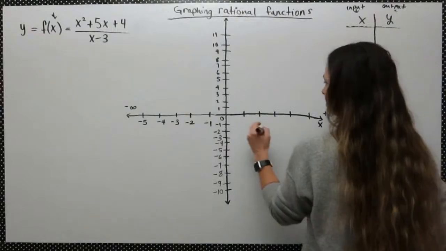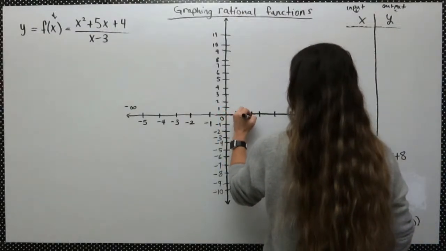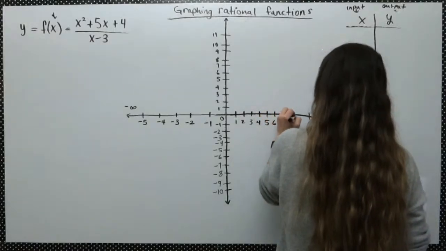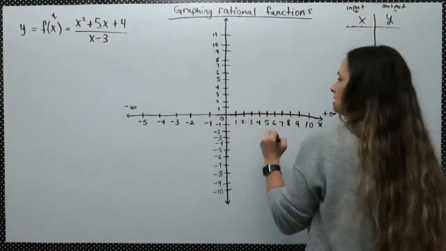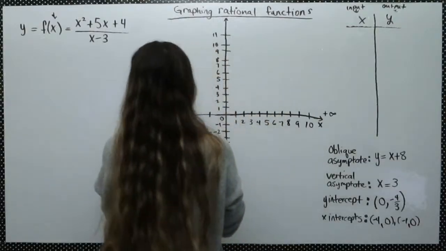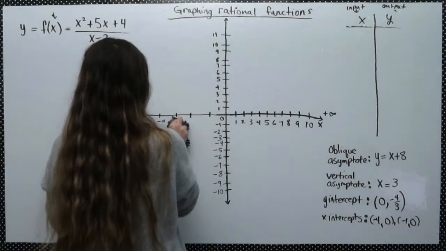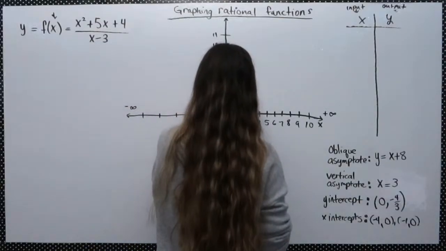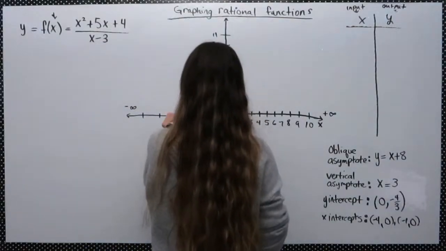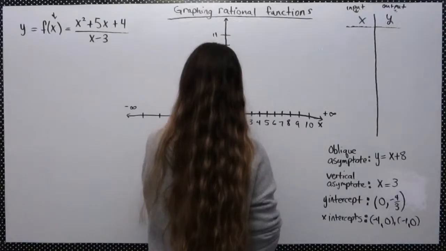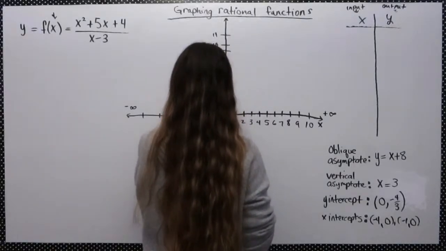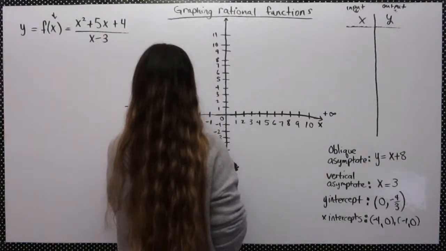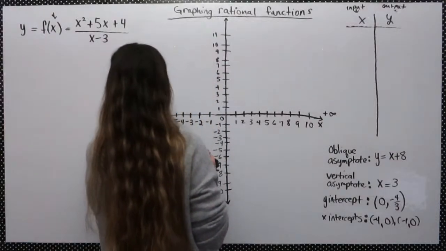We're just going to change it. 1, 2, 3, 4, 5, 6, 7, 8, 9, 10. That should be good enough.